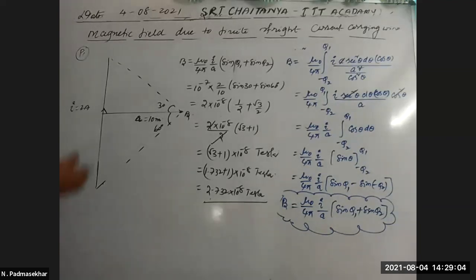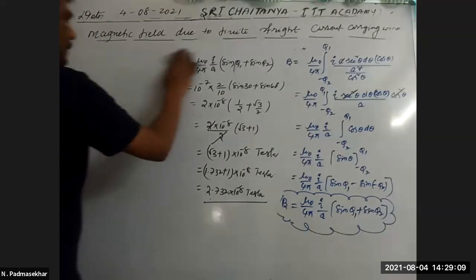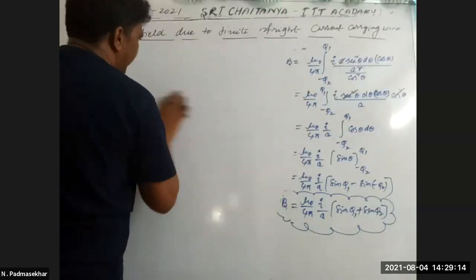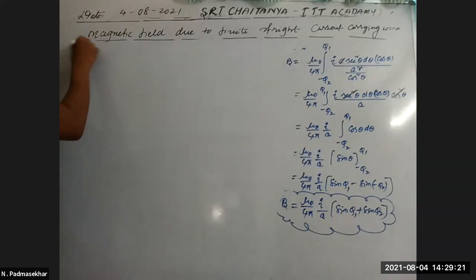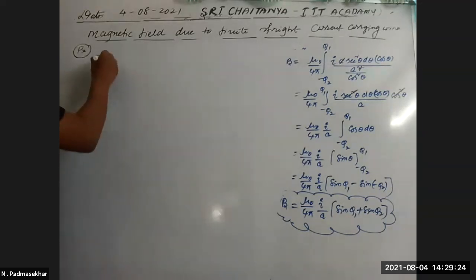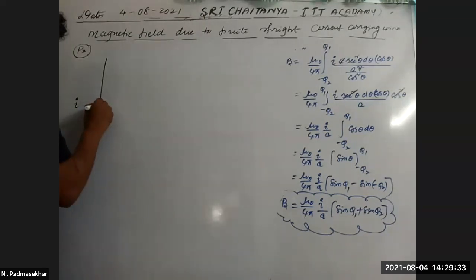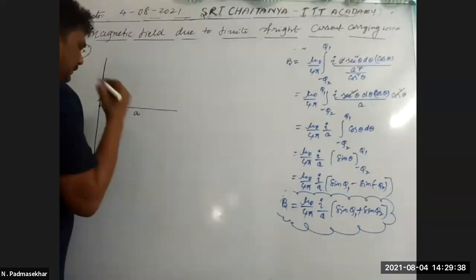See, next one. Suppose here, in the next one, there is a finite conductor carrying current I. Exactly the midpoint is at a distance a.